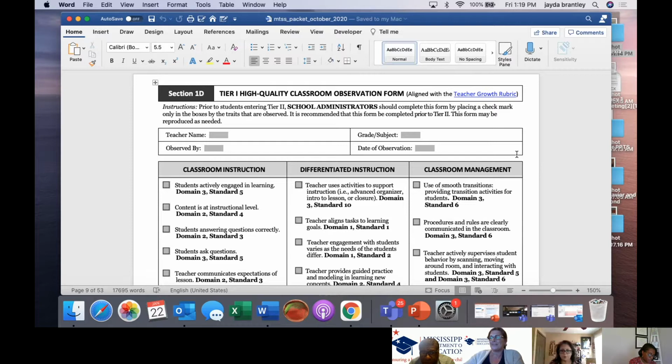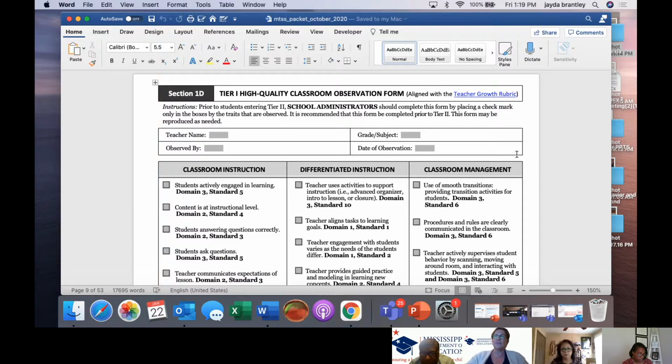I will also keep a record of this in the office. It doesn't necessarily have to be a part of the tier packet, but definitely have it available for monitoring purposes. The principal definitely needs to keep documentation of that.